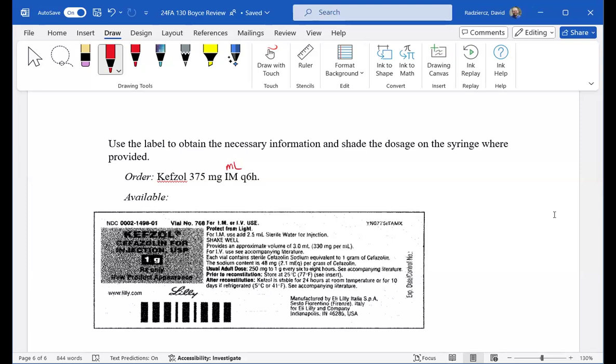So if we're doing this question here, before you look at anything else, you know that if it's intramuscular or subcutaneous or IV, mL is the unit that you're going to be administering. That way you know what unit you're looking for at the end. And like I said, the other thing is that it says there's a syringe potentially.